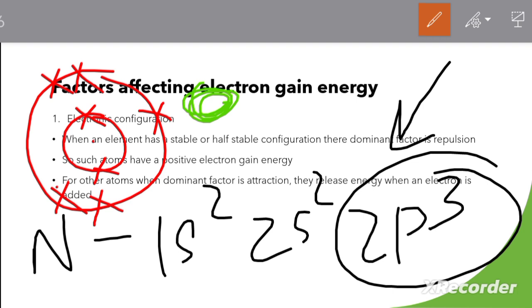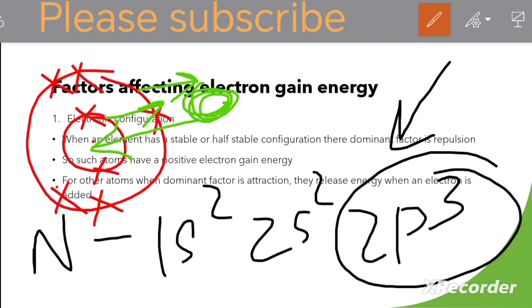From the nucleus to the incoming electron, there is an attraction. But the outermost electrons repel the incoming electron. All the electrons repel the incoming electron.